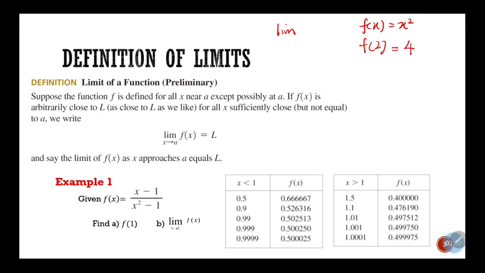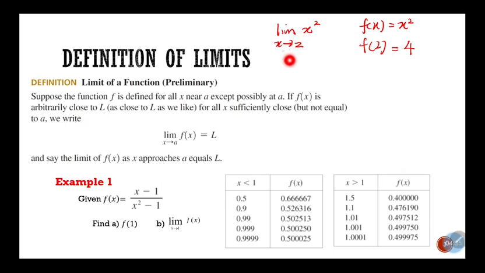But when we say limit, for f(x) equals x squared, it means that when x is equal to 2, the value of y or f(x) is equal to 4. But if I put the limit of x squared as x approaching 2, it means it's just the limit as x approaches 2. When x is approaching 2, it's not necessarily that x is equal to 2.